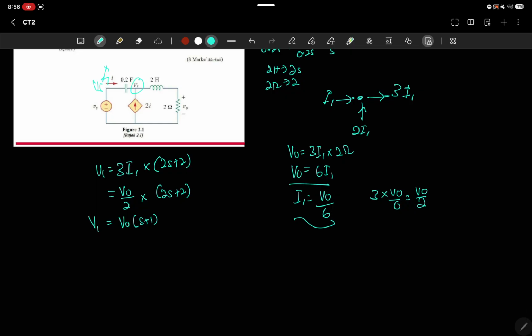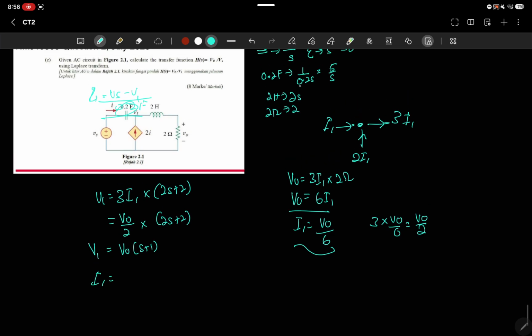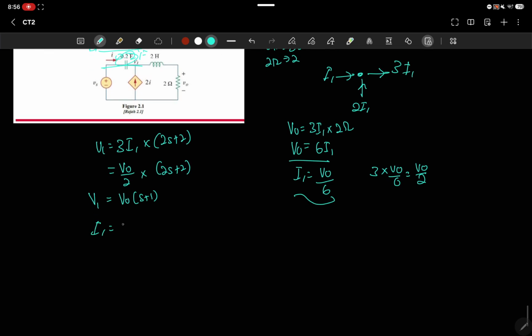Alright, now we know that our I1 is equivalent to V1. Okay, so our Vs is here, V1 is here, so we know that our I1 is equivalent to Vs minus V1 over 0.2 farad, which in our domain is 5 over s. So Vs minus V1 over Zc, or named as 5 over s.